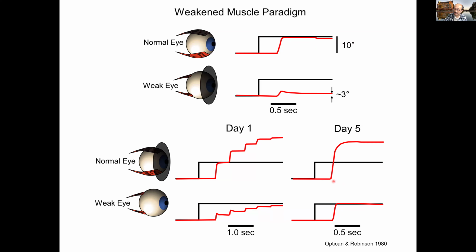So as you can see from this data, the drive to the weak muscle increases, which brings the weak eye to the target. But at the same time, because the eyes are conjugate, the normal eye is becoming hypermetric.